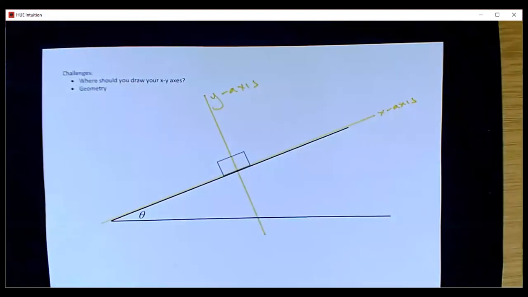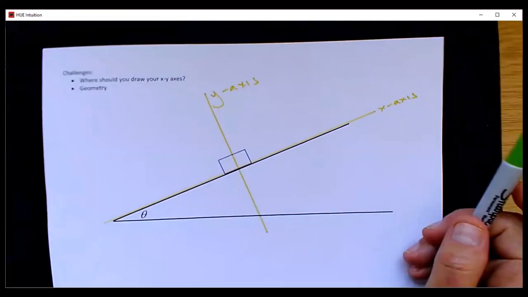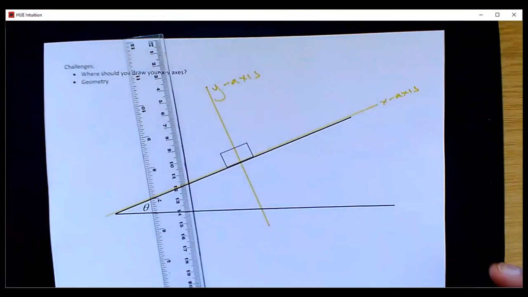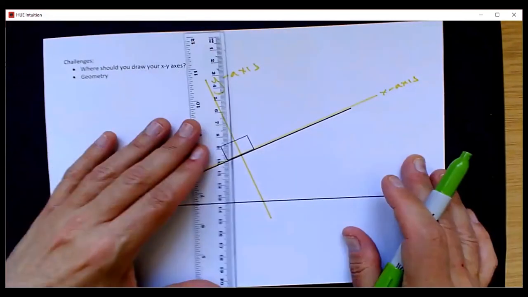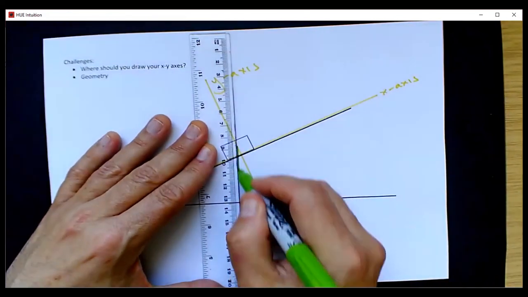And so now let's add on our key forces. The weight, which acts from the middle of the object, and we're not actually doing a free body diagram here because I am using an extended object for the weight, will act from the center of the object straight down.